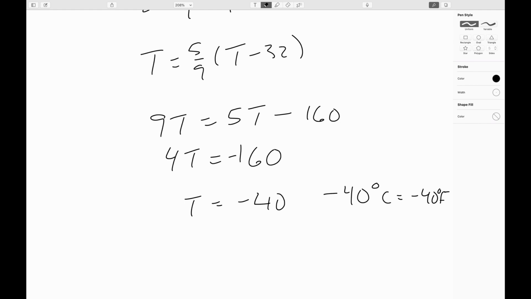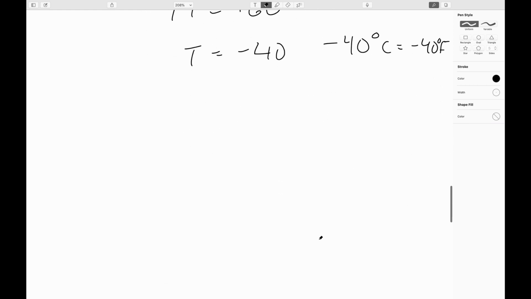But the fact that these two temperatures are the same gives us another way that we could do temperature conversions. So again, let's say you want to convert Fahrenheit to Celsius. All we need is to take a difference off of some temperature that we understand. So let's say here, for our Fahrenheit temperature, since we understand negative 40, let's take the temperature difference off of negative 40.